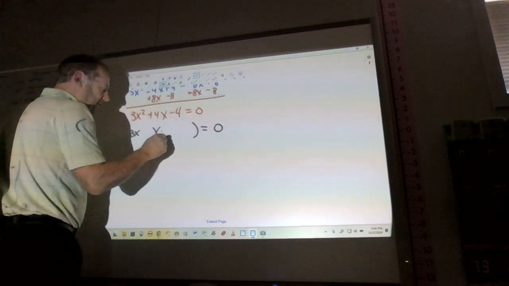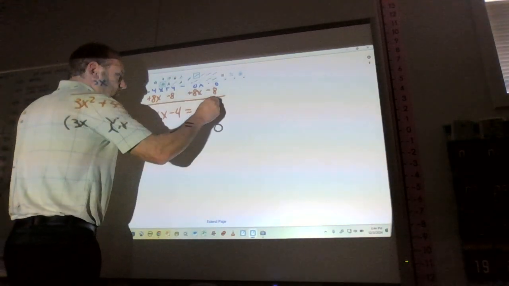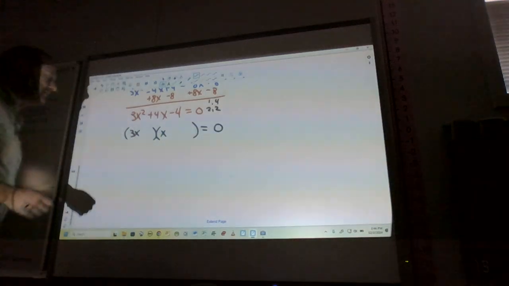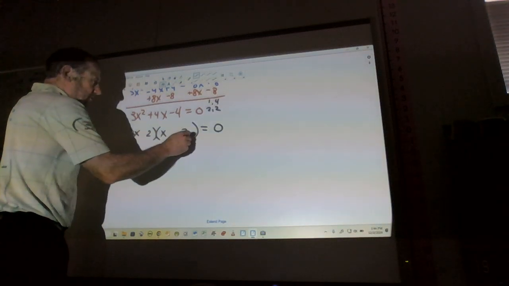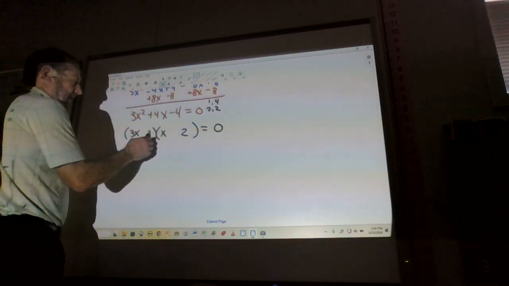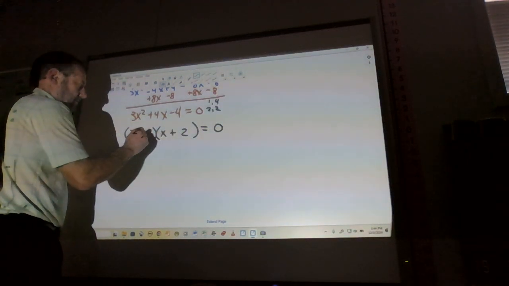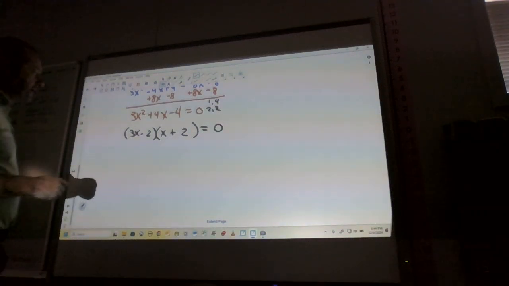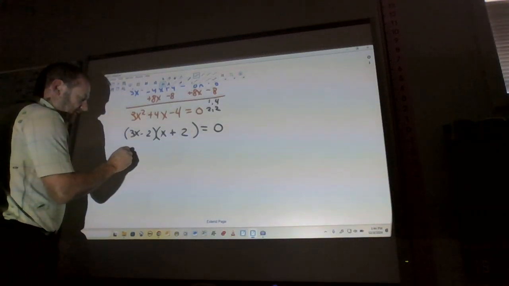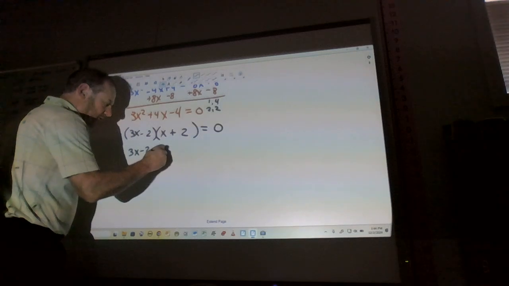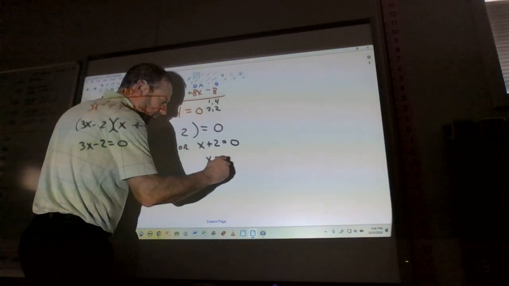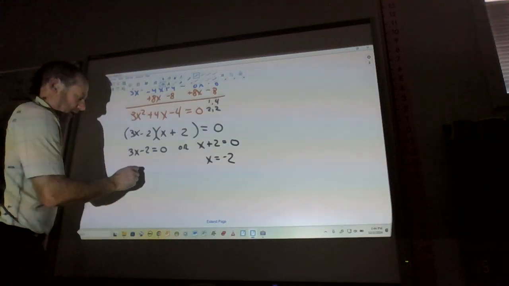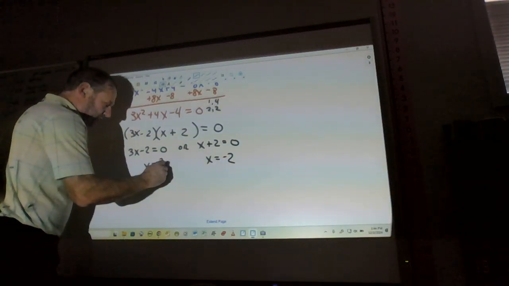I'm going to have a 3x here and x here. My choices are 1 and 4 and 2 and 2, so I need to make 4. Let's see, if I go 2 and 2, that would be 6 and 2, so that would be plus 6 minus 2. All right, and so that means that 3x minus 2 equals 0, or x plus 2 equals 0, so x would equal negative 2, and x would equal 2/3.